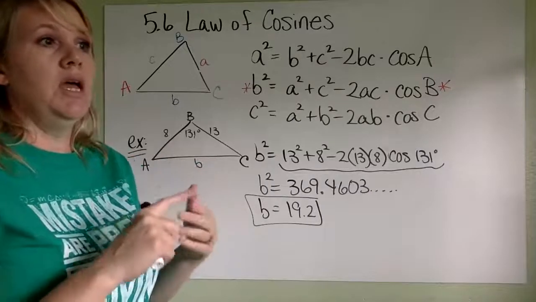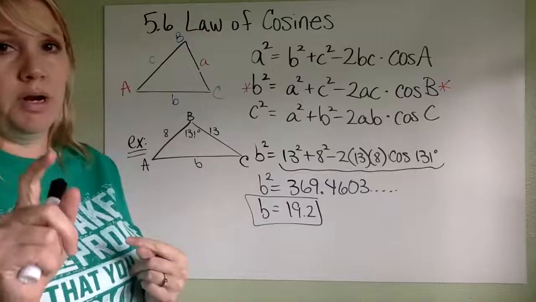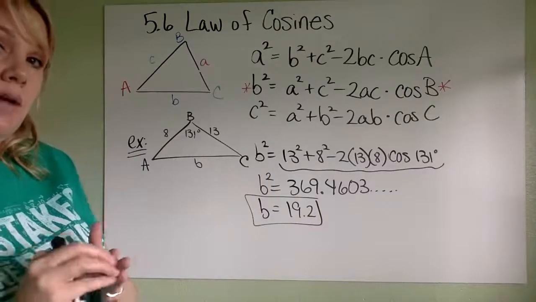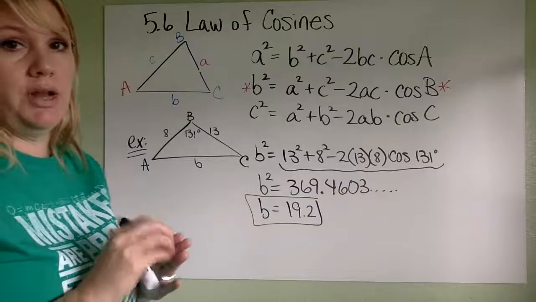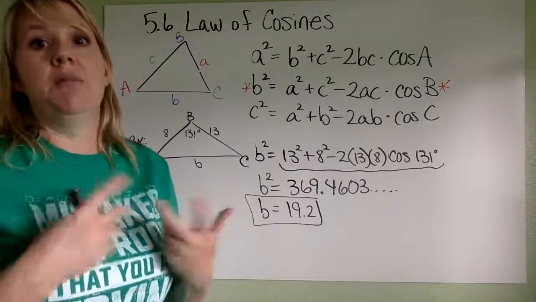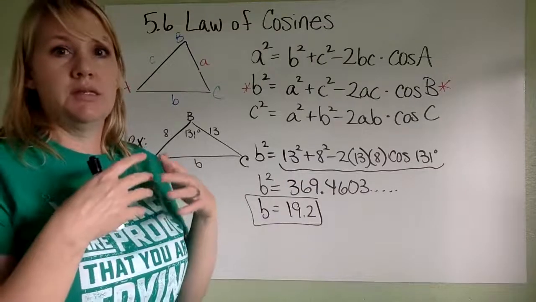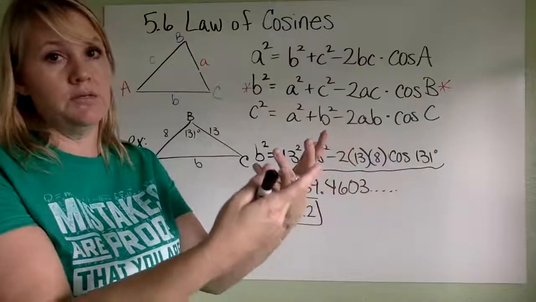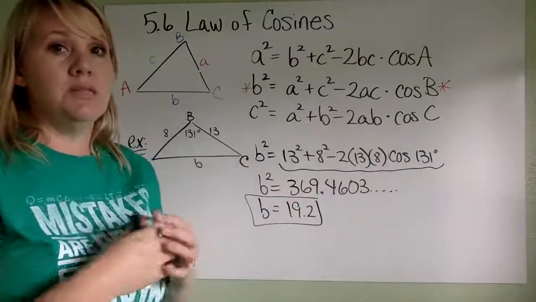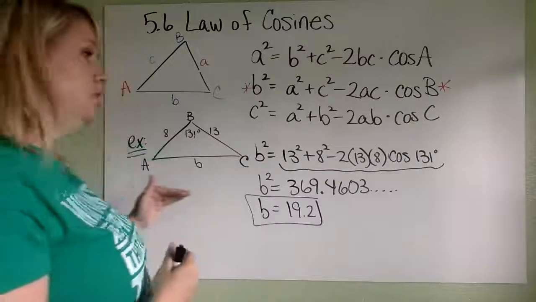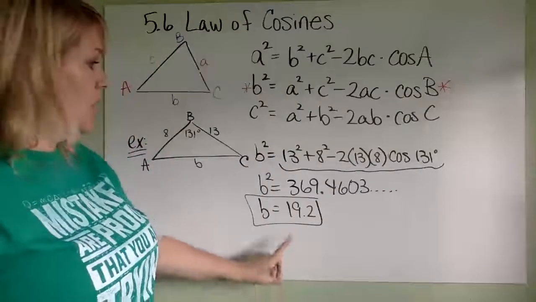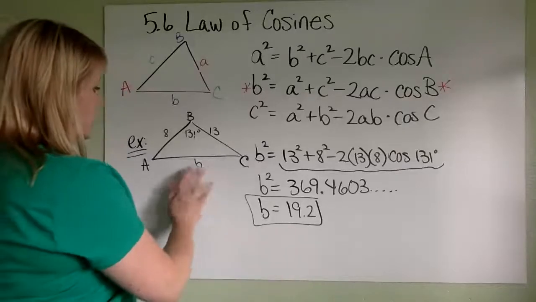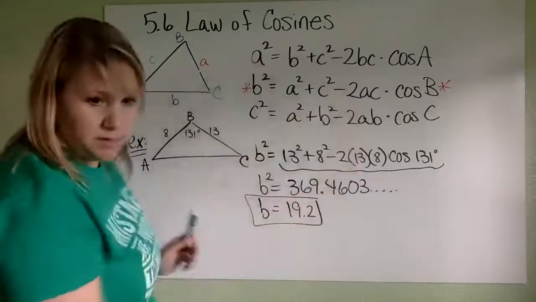First of all, I told you before in the lesson on the law of sines that you should never use a derived value, a number that you came up with, because then it creates this kind of snowball effect. If you got it wrong, then everything you used it for after that is wrong. So that's ideal, right? But in this situation, we're going to have to use our 19.2 that we just found. So I'm going to put the 19.2 right here because I need to erase this.